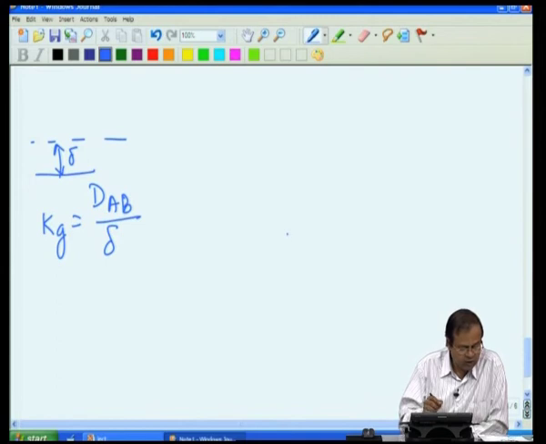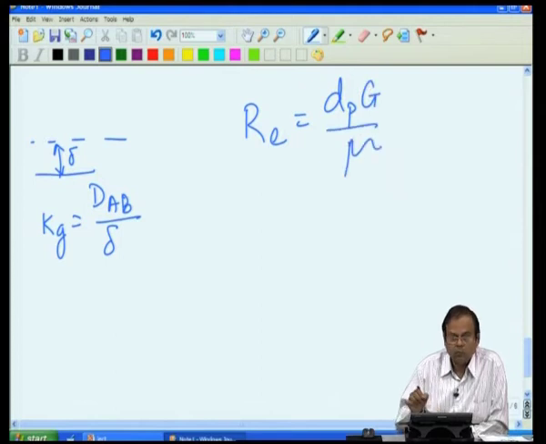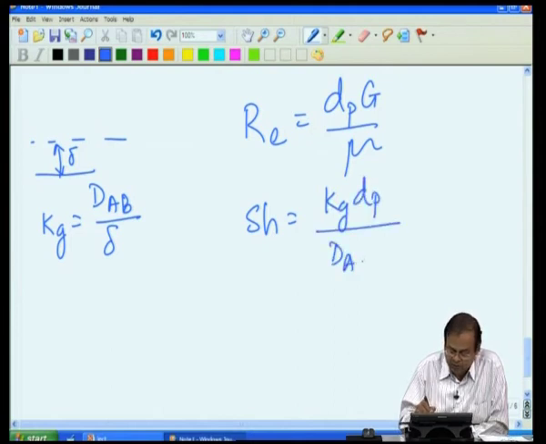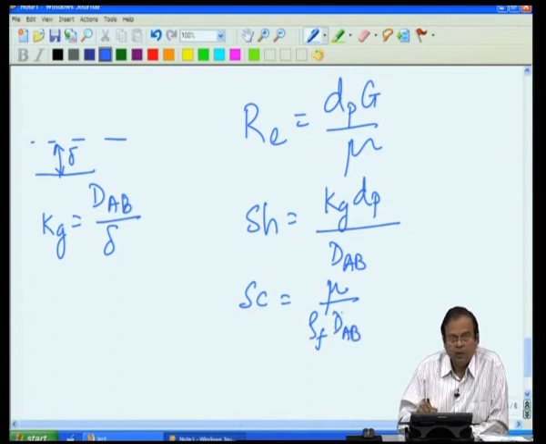various kinds of correlations, involving Reynolds number, particle diameter, superficial gas velocity, viscosity, Sherwood number, Kg dP by dAB, where dP is the diameter of the particle, Kg is the mass transfer coefficient, dAB is the diffusivity, and the Schmidt number, mu by rho f into dAB, viscosity divided by the density of the fluid times dAB.